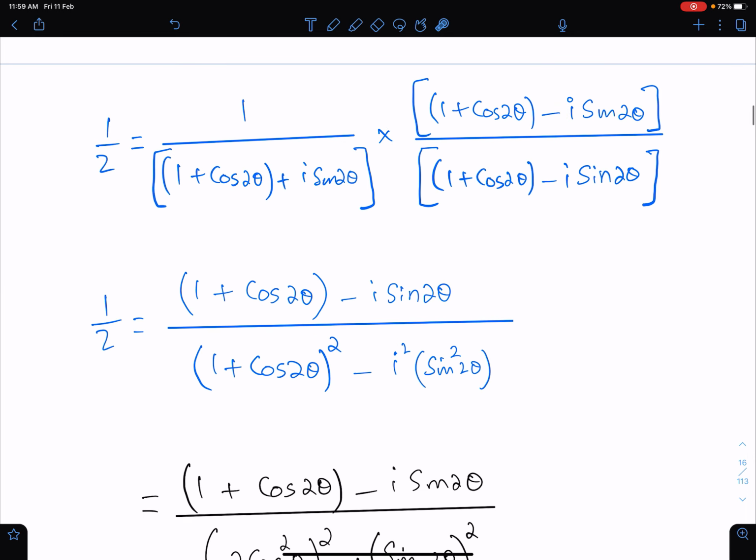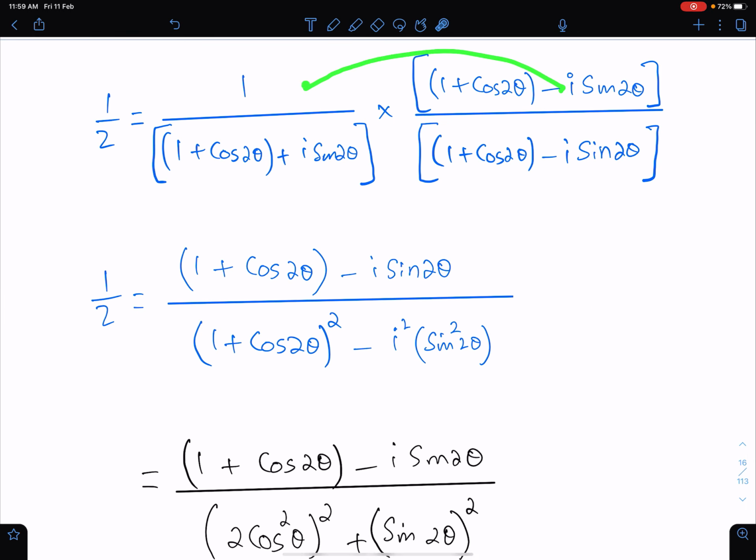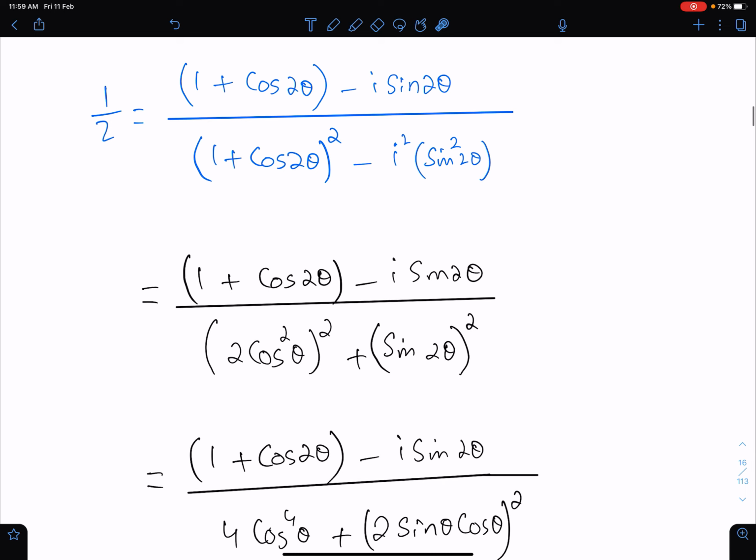Now we just need to simplify this. This entire thing will come here and this will become a square plus b square. I'm mentioning this here. A square minus i square and b square. Now you have to replace this by 2 cos square theta. This is the formula.